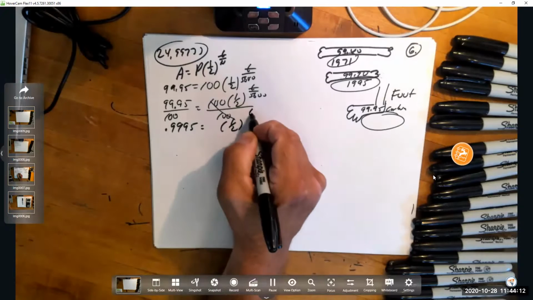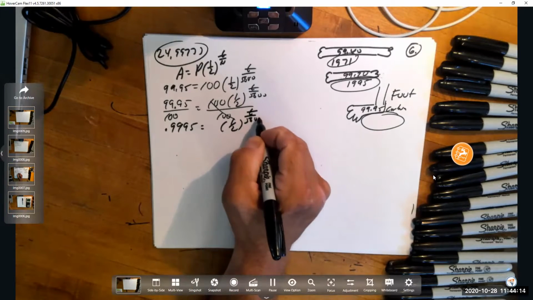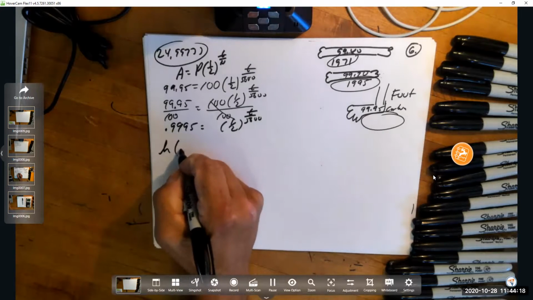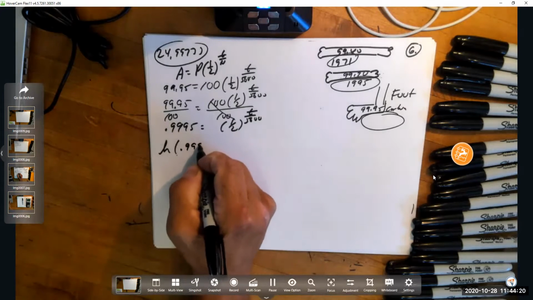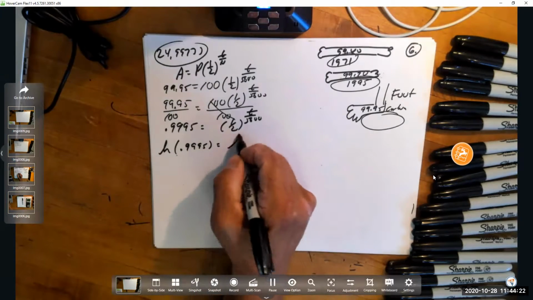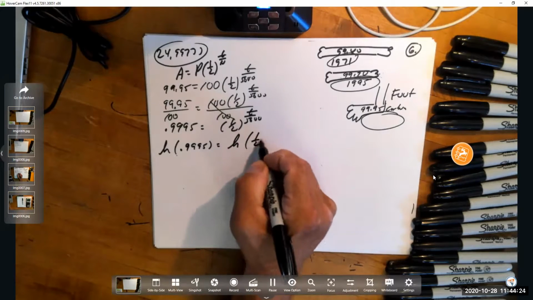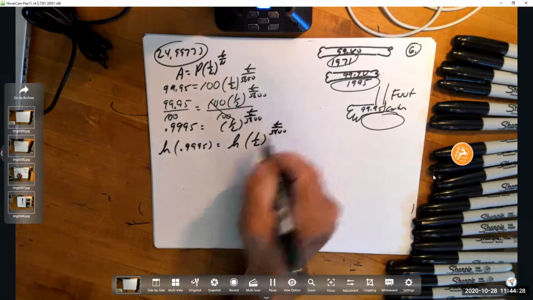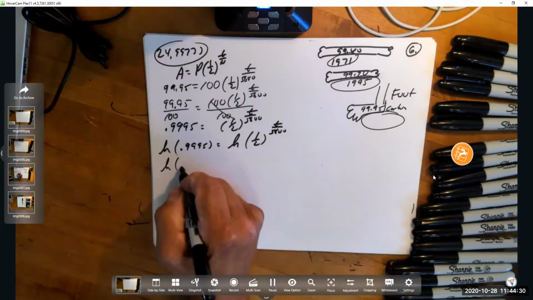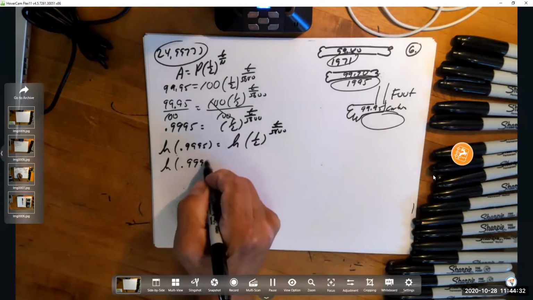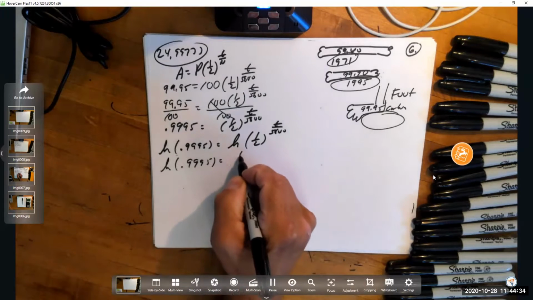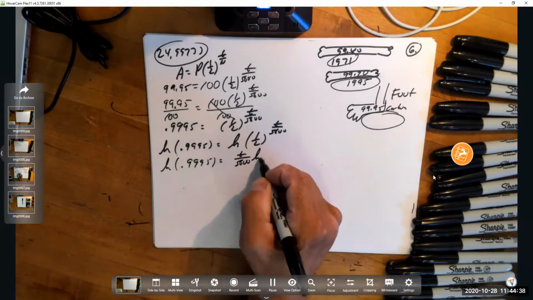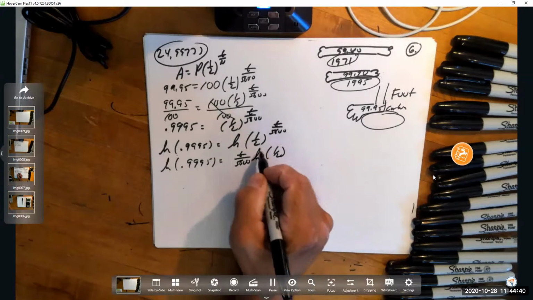1/2 T over 5600. Okay, so now I'm gonna do the same thing again, just like the other one. 0.9995, and I'm gonna do ln of this number also. T over 5600, and the power is gonna go in front again. 0.9995 equals T over 5600 times ln of 1/2.